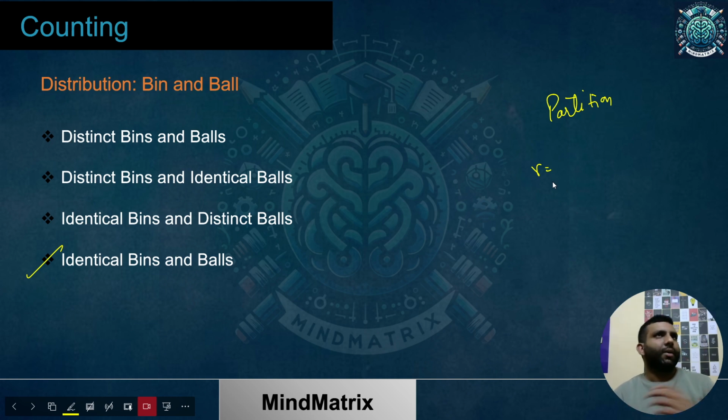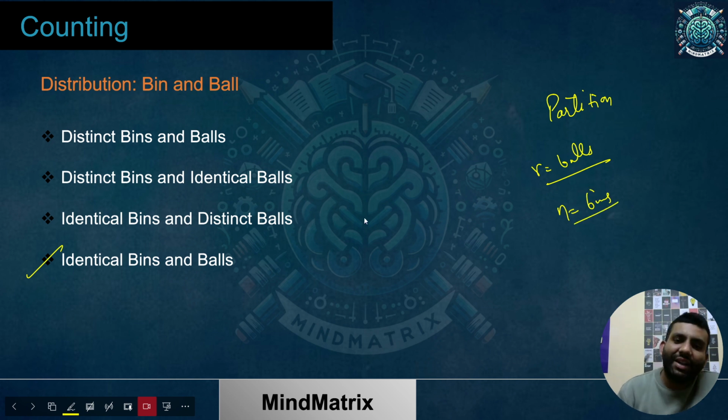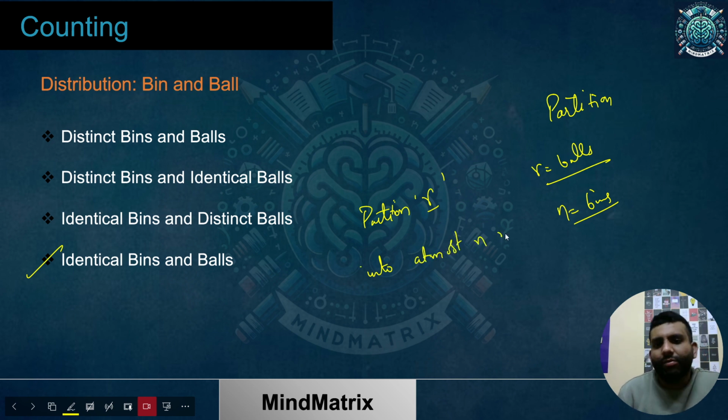So R were, I guess, the balls. If I have R balls and N bins, it's like you have to partition the integer R into at most N numbers. So if you remember the last case, where we had 4 books and all the books are identical, and I had 3 boxes which are also identical.